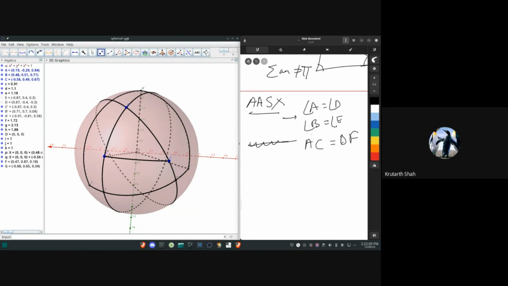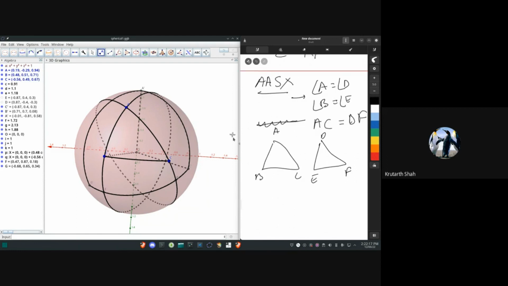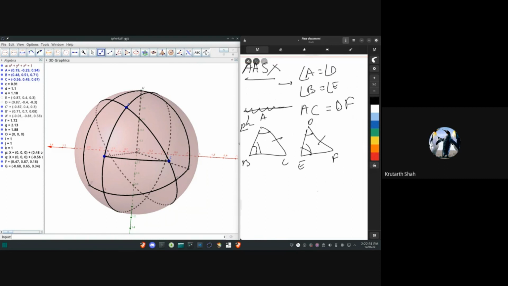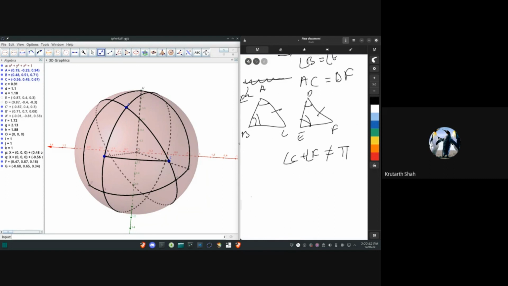This is spherical, by the way. This is not Euclidean. This does not imply that they're congruent. But if you have that angle C and angle F are not supplementary, then they are congruent. So they are either congruent or angle C plus angle F is 180.